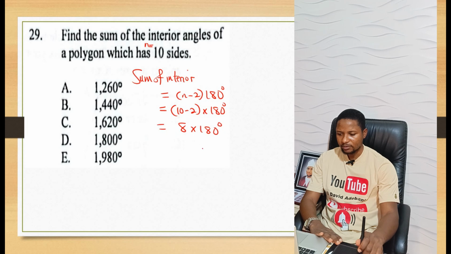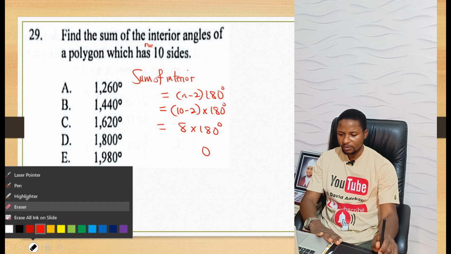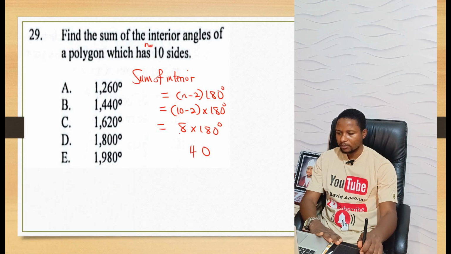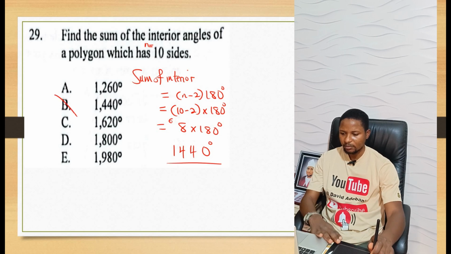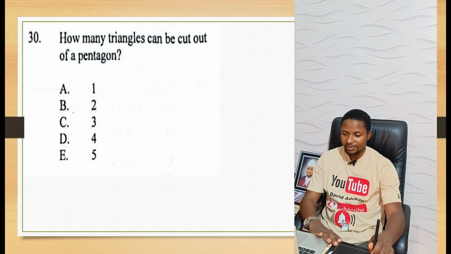So you have a 0, 8 times 8 is 64, so we write 4 carry 6. And 8 times 1, that's 8 plus 6, that will give you 14, and that's 1,440, option B.